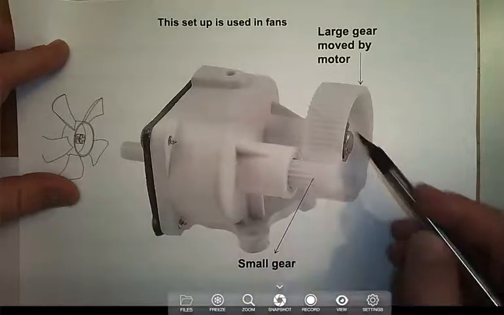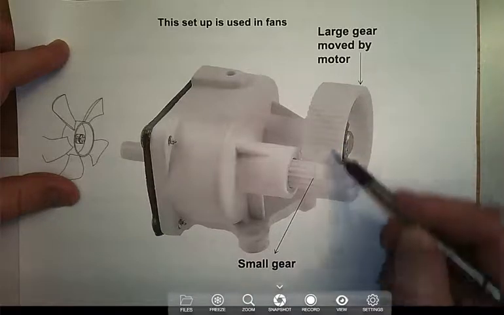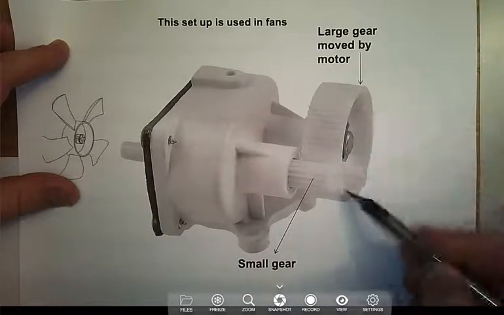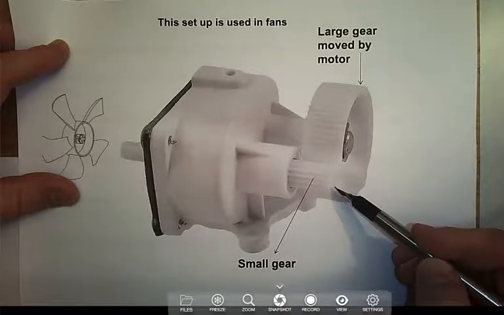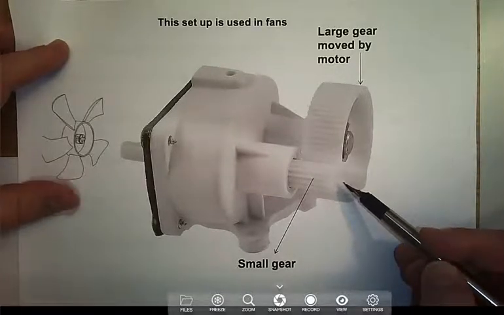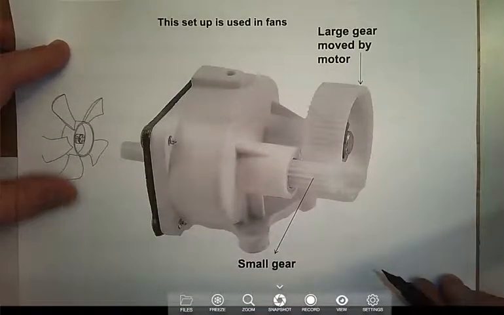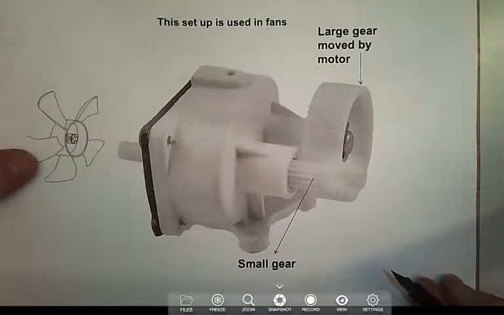As a result, if this gear rotates quite quickly with the motor, it will cause this small gear to rotate even faster, making the fan go round even faster.